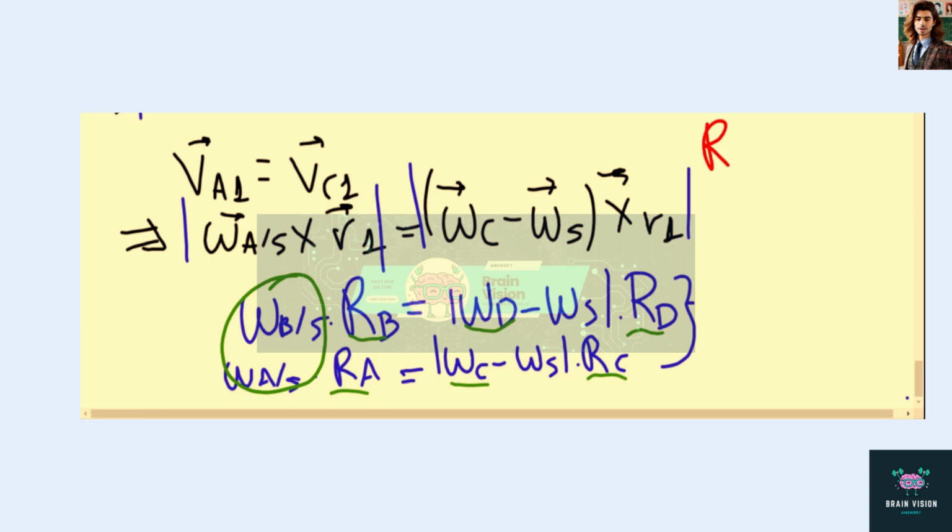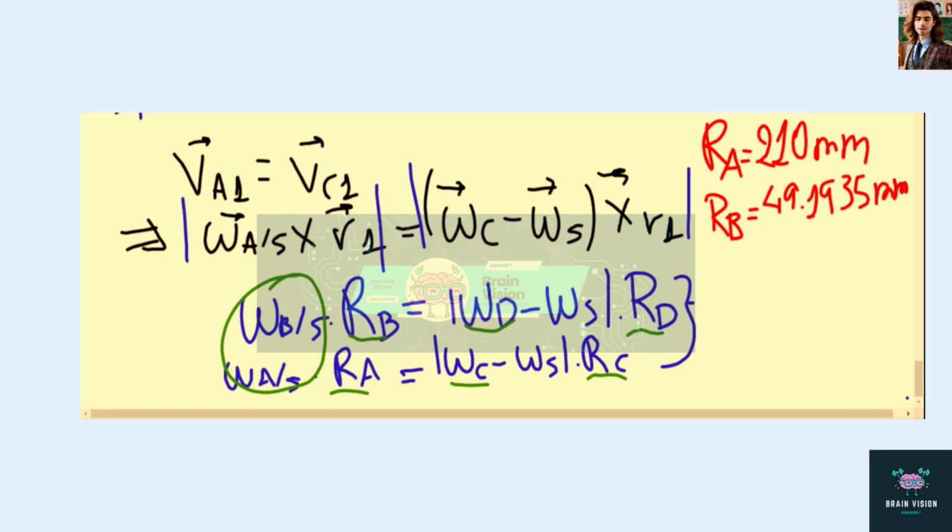And if someone does the calculations, eliminate these two and use the fact that capital R A equals 10 millimeters, and capital R B equals 49.1935 millimeters.